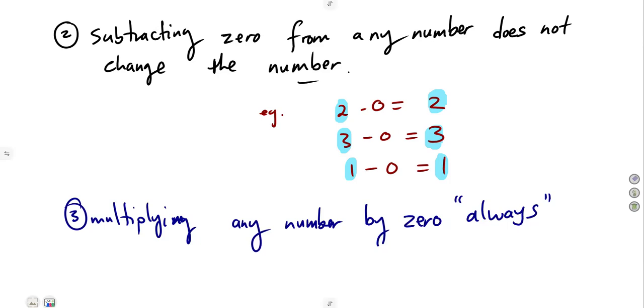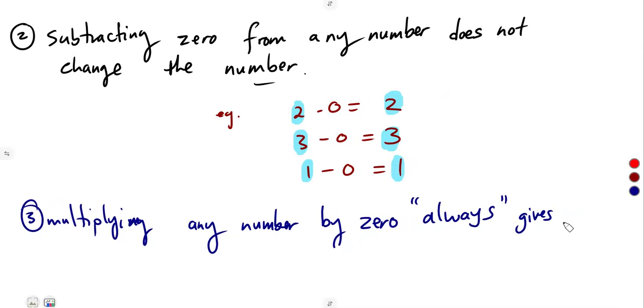You must take note there. The answer always is going to be a 0. 2 times a 0, that's a 0. 100 times a 0, that's a 0. Always. Okay?